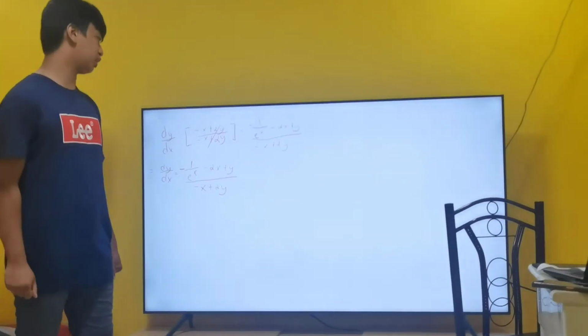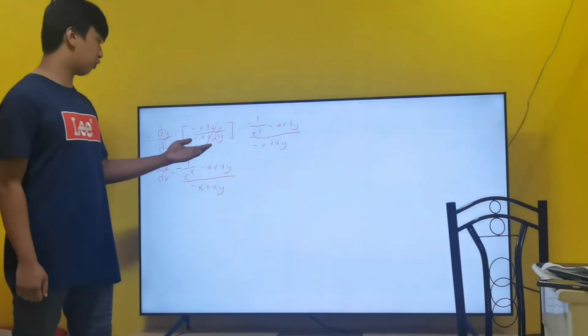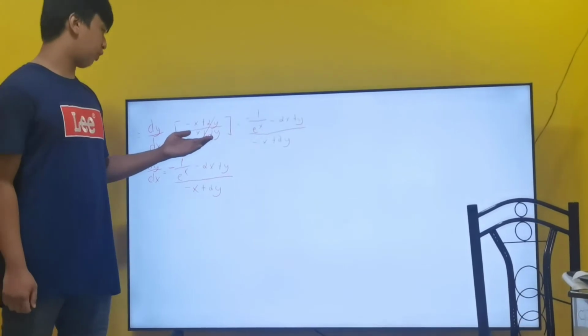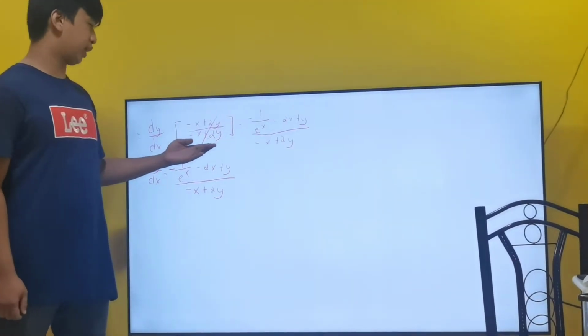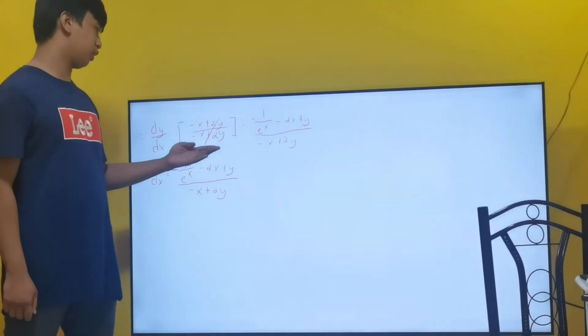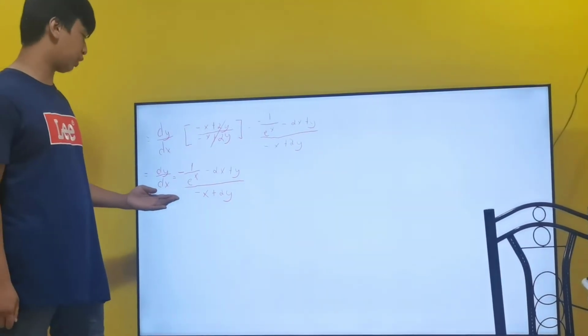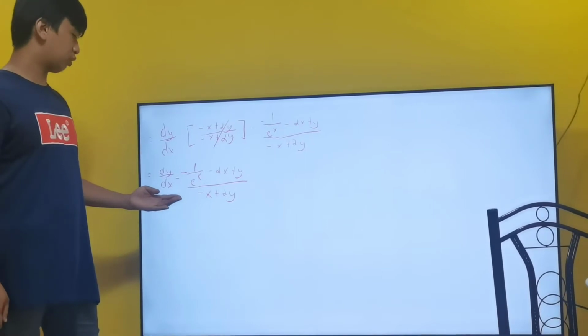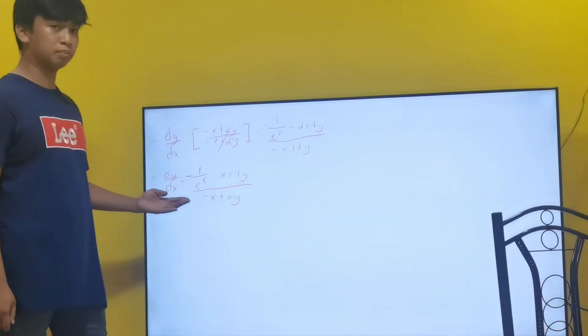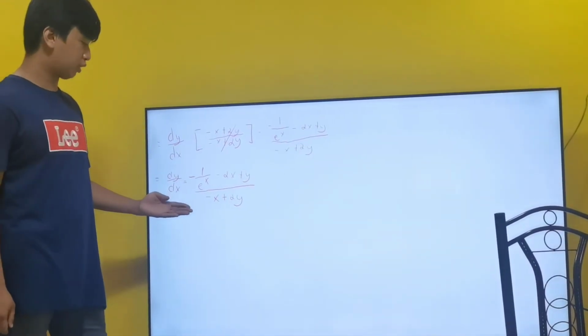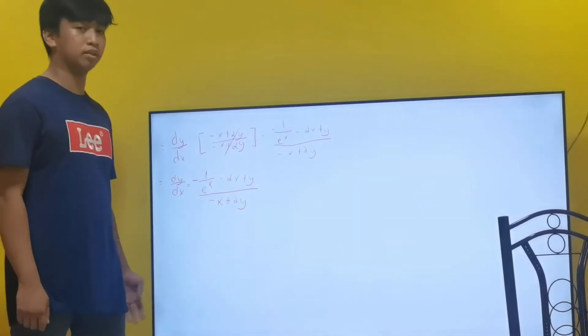So, just like I said earlier, we need to divide negative x plus 2y by itself in order to cancel it out. So it will become dy over dx is equal to negative 1 over e raised to the power of x minus 2x plus y over negative x plus 2y.